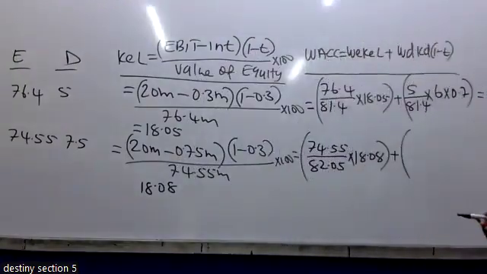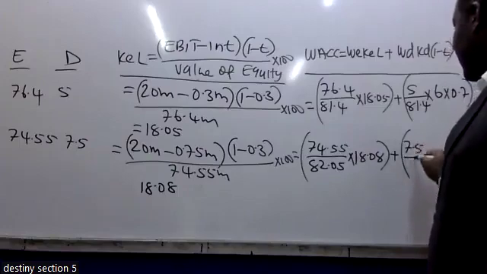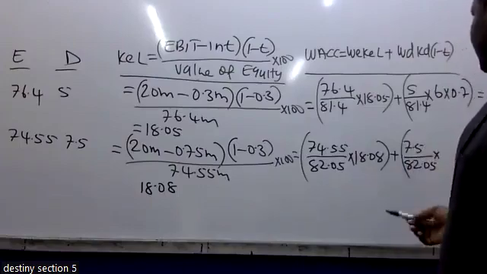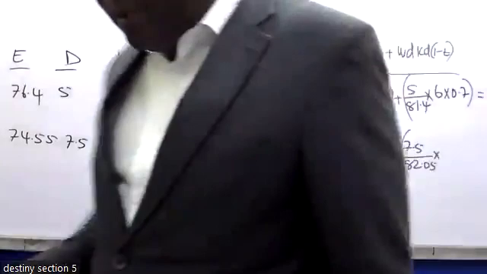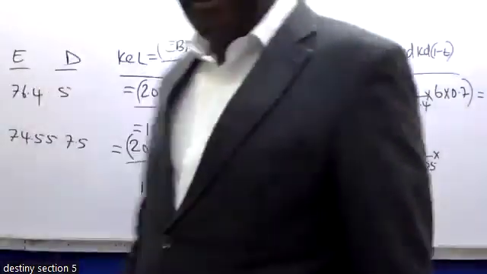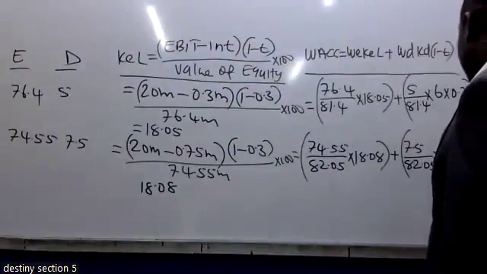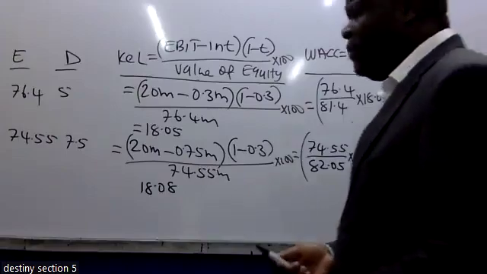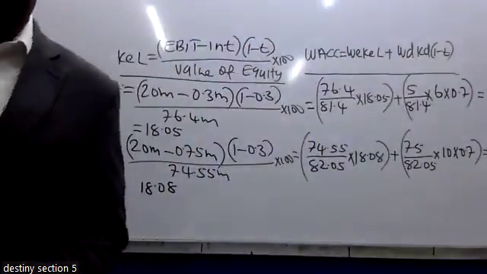Then the weight for the debt is 7.5, also divided by 82.05, multiplied by KD, which is given as 10. You see the 10? Then multiplied by 0.7. Like that. So that is what we can have at that level. So you will finish the remaining part.